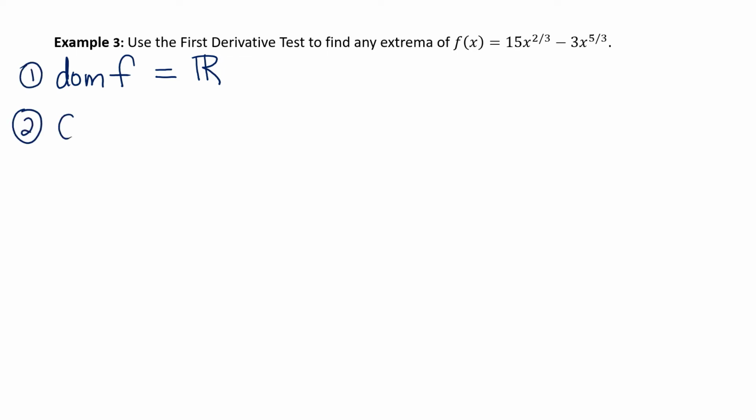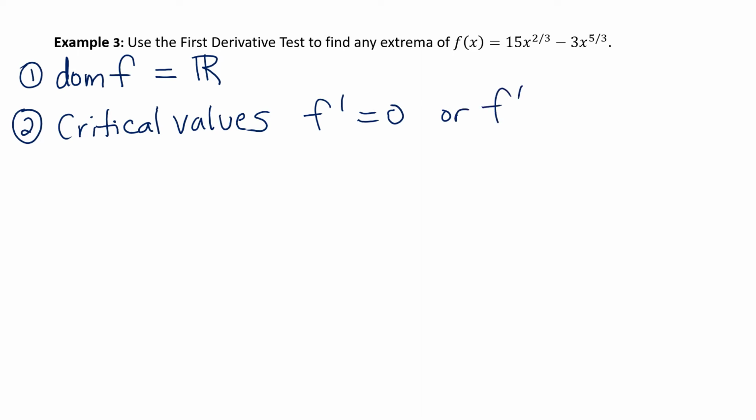To find critical values, we are looking for the x values where either the derivative equals 0 or the derivative does not exist. To find the critical values, we've got to first find the derivative. Let's do that. F prime of x is equal to, we have the constant of 15, and then the derivative of x to the power of 2/3.